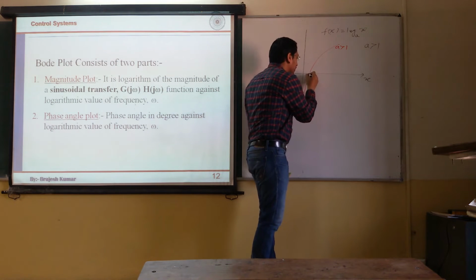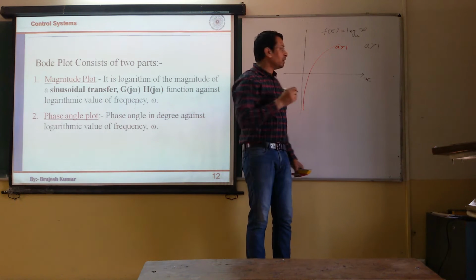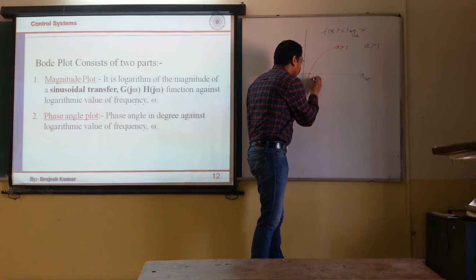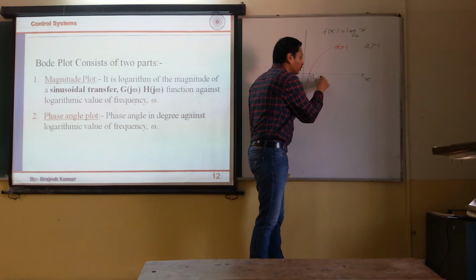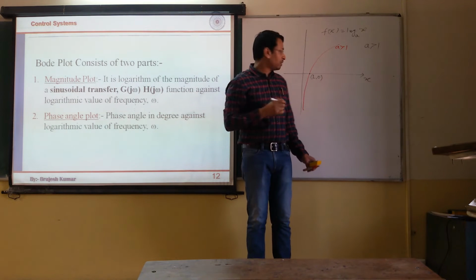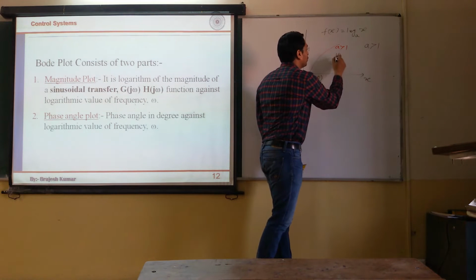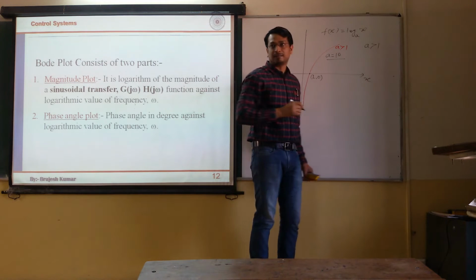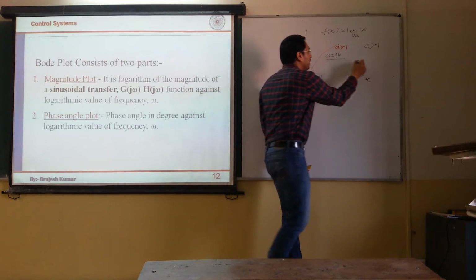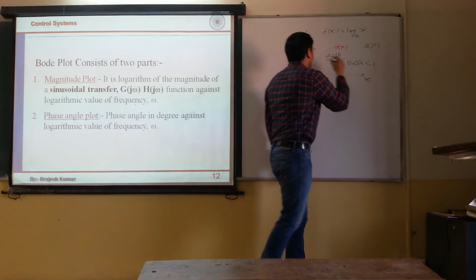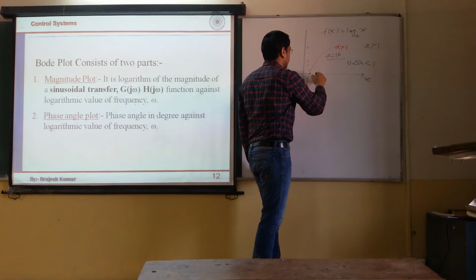Whatever may be the base, this graph will always pass through the point (1, 0), correct? And if I take a as 10, correct? If a is between 0 and 1, this graph will look like this.